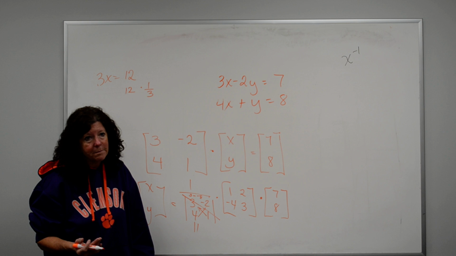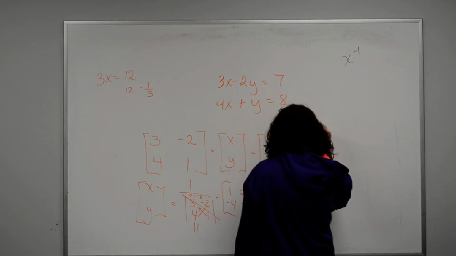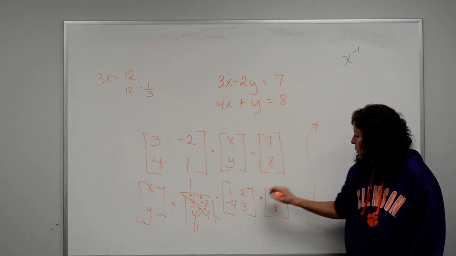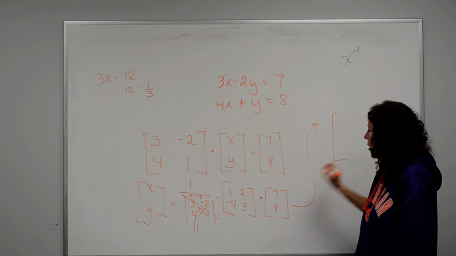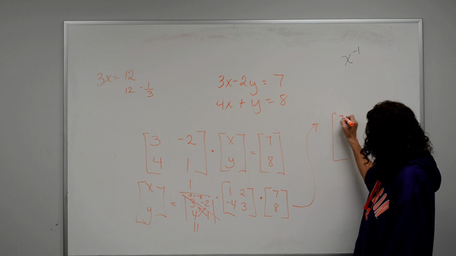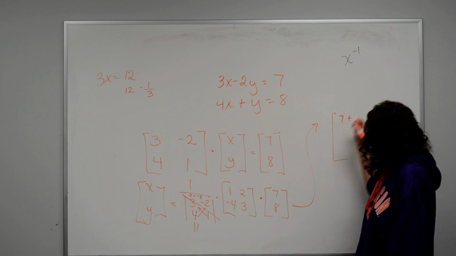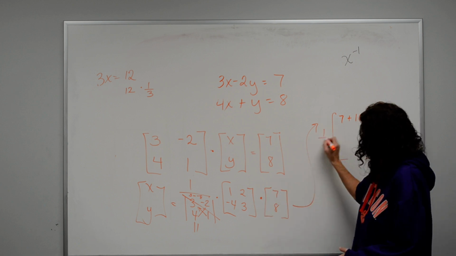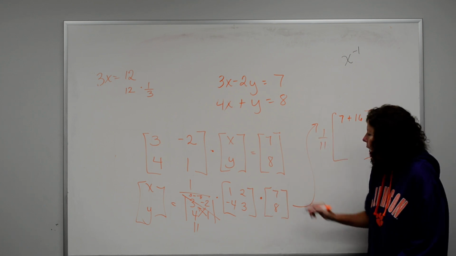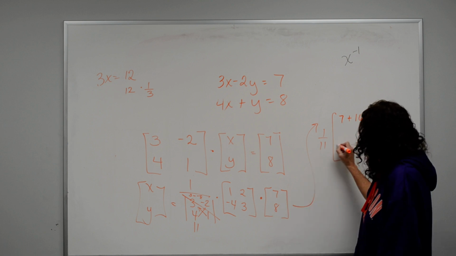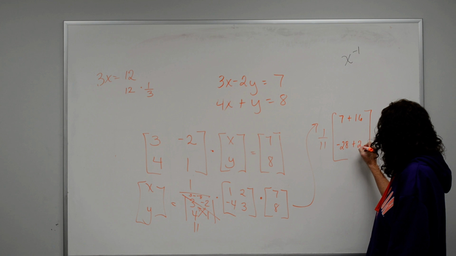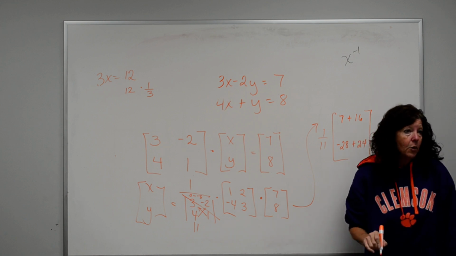Okay, you with me? All right, so I'm going to come up here because I'm running out of space. Now remember, multiplication, row by column. So I've got 1 times 7 plus 2 times 8. Now remember I got 1/11th right here too. I've got 4 times 7, which is negative 28, plus 3 times 8, which is 24.